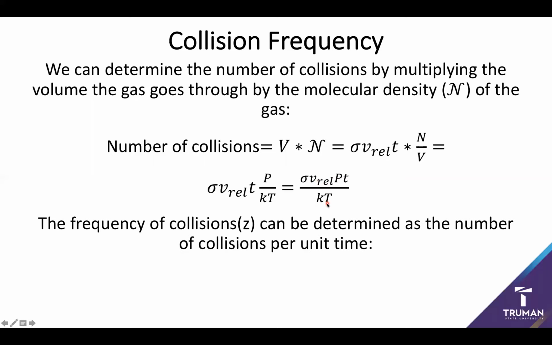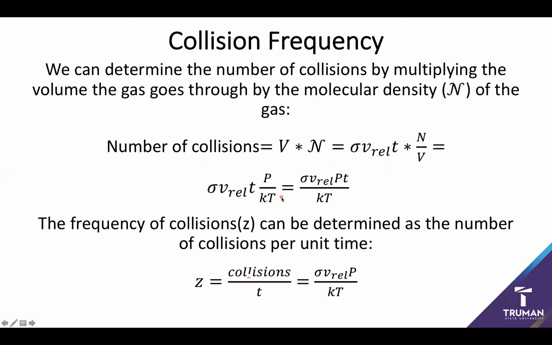So what we can then do is turn this into a frequency of collisions. I don't generally care about how many collisions occur. What I really care about is the number of collisions that occur per unit time, say per second, per minute, that sort of thing. So all we need to do is take my number of collisions and divide it by the time interval of interest.